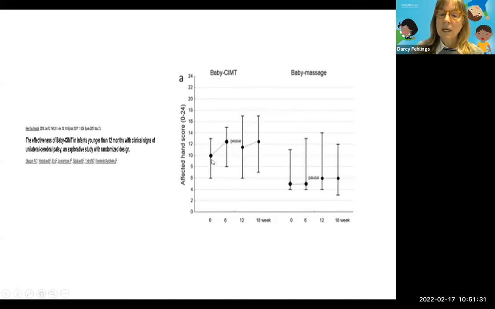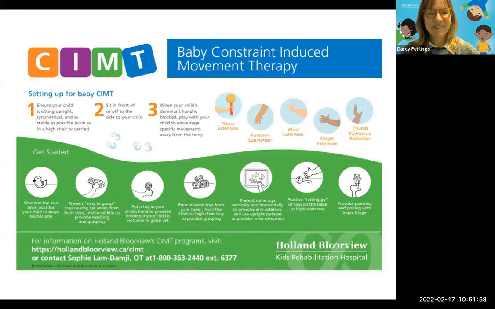And they asked the parent to play with the child for 30 minutes each day on a daily basis over 6 weeks, and take a little break, and then do another intense play-based treatment. And the parents were supported by an occupational therapist, but it was really the parent who mediated the program. So just some further comments on baby constraint.